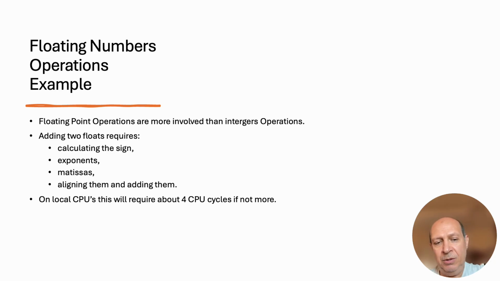So on local CPUs, this will not run properly and requires special hardware to do it. This is why we convert them into integers, 2's complement, so that we can process them with local CPUs, especially on hardware that is not equipped to process floating number operations.